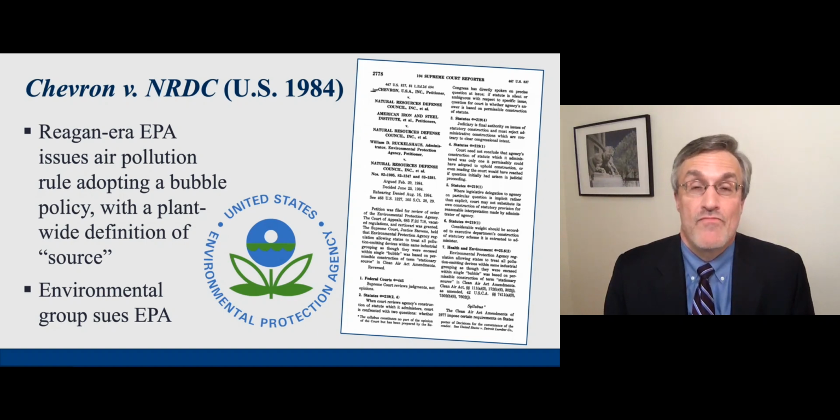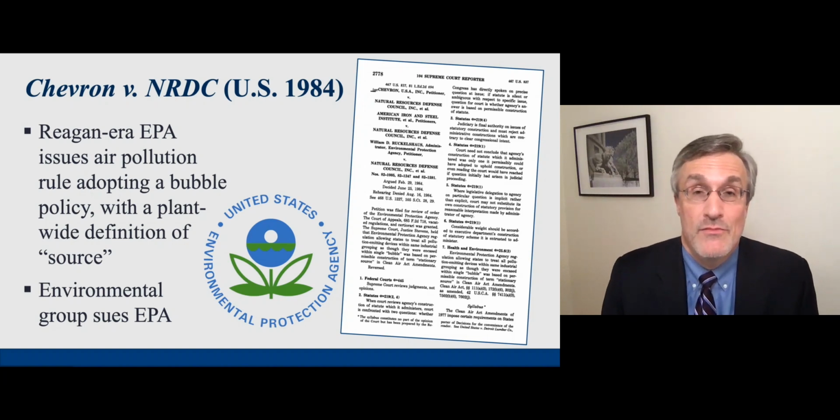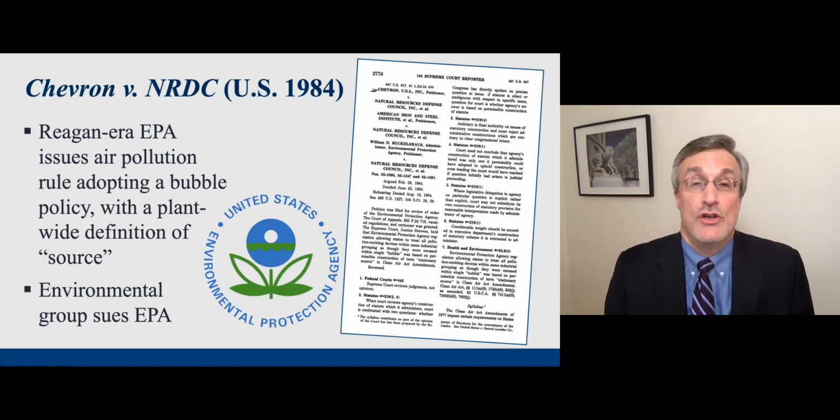The case is known as Chevron versus NRDC, by the way, because Chevron, the oil company, filed to intervene in the case and join, in a sense, on behalf of the EPA because it liked the more flexible definition and wanted to defend that. So the case is known as Chevron versus NRDC, even though the EPA was at the heart of it.